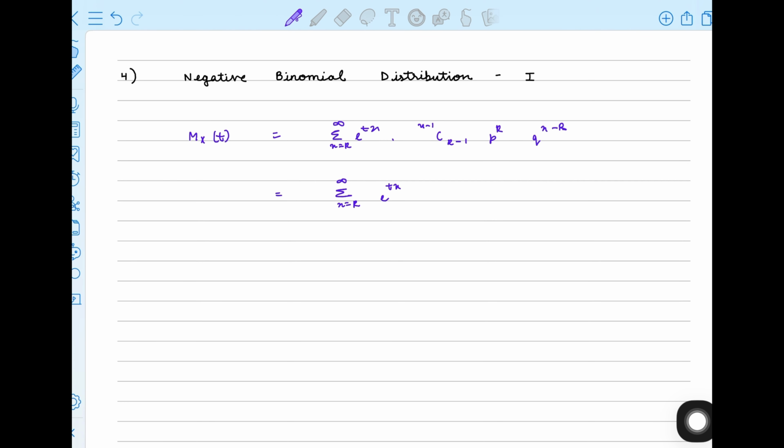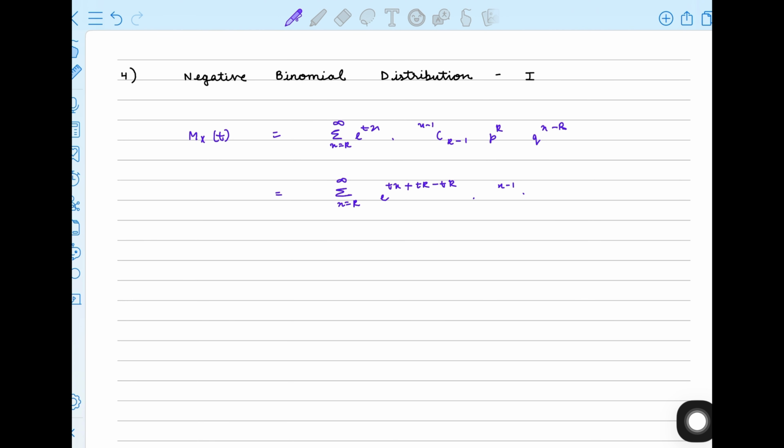Now, to the power of the exponent, we add and subtract t into k. Then we take out the constant terms.